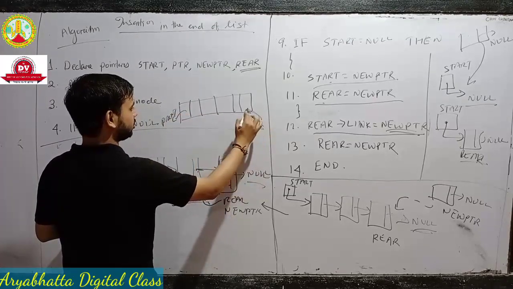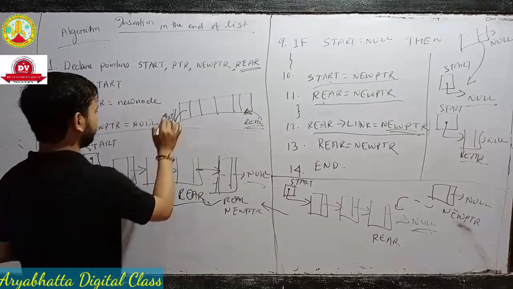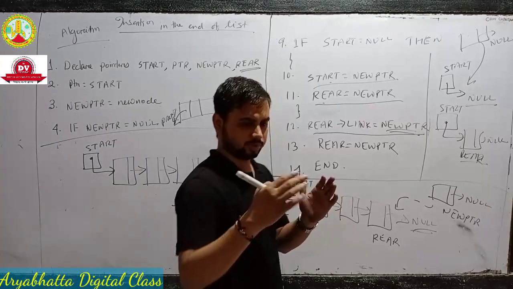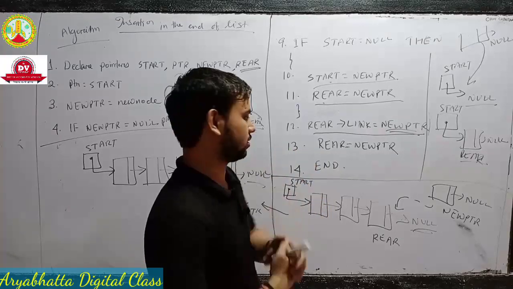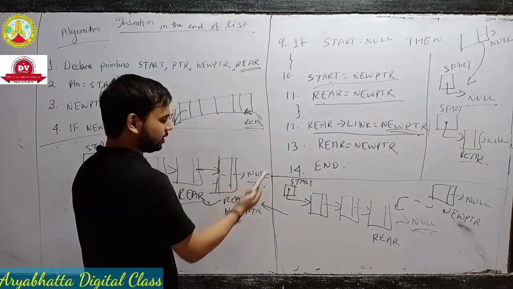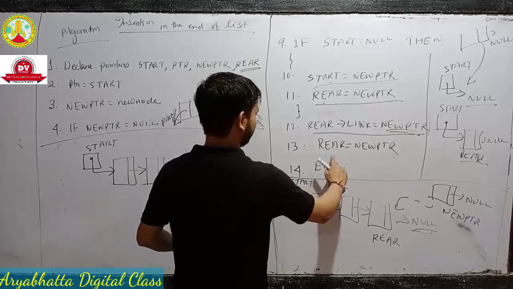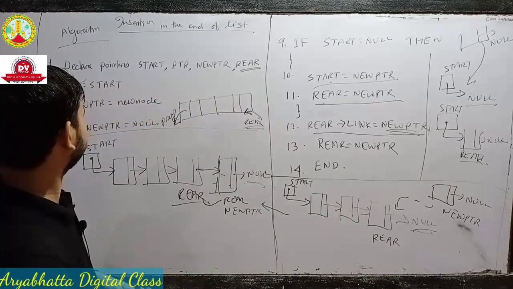Insertion takes place at the rear position and deletion takes place from the front position. Rear means the last insertion position, from the back part, the last part. Your rear link will now be new bit here, and new bit here link will be null, and your rear will now be shifted to new bit here. Rear is new bit here.